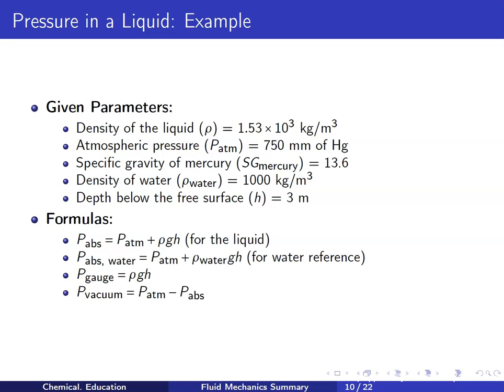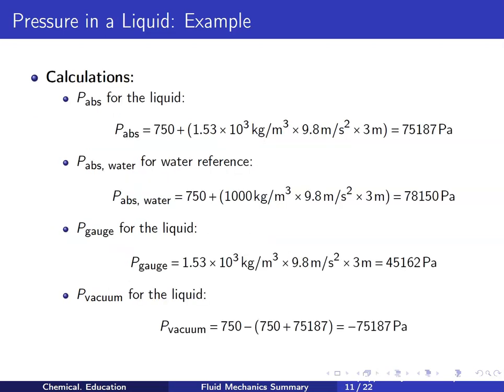Now here we have to calculate absolute pressure. So P absolute, we know, is P ATM plus rho gh for the liquid. P absolute for water is P ATM plus rho water g into h. P gauge pressure is rho gh. P vacuum is P ATM minus P abs.